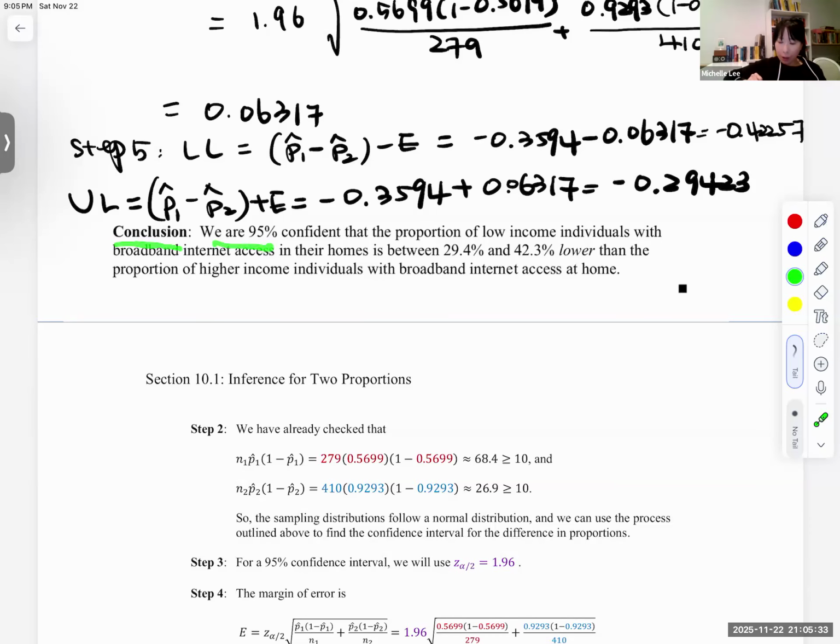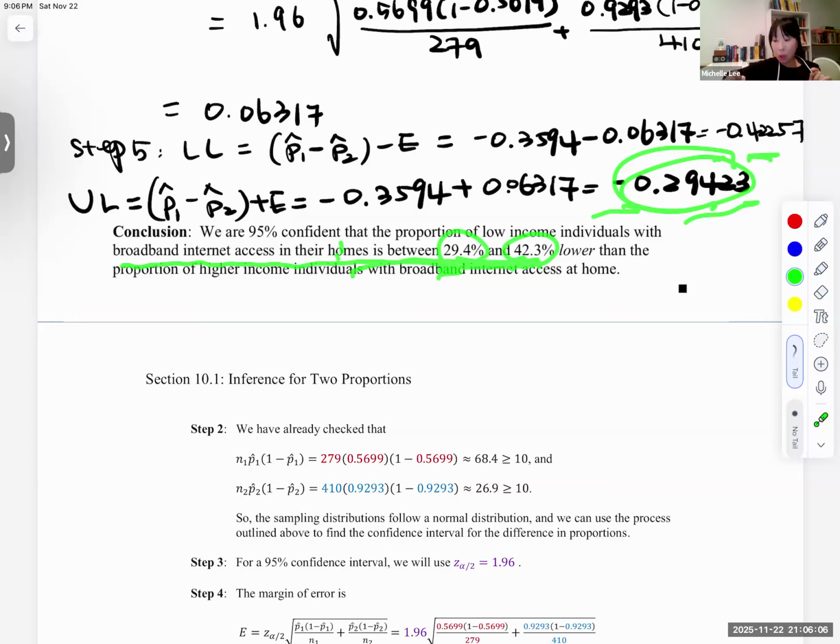We are 95% confident the proportion of low income individuals with broadband internet access in their home is between, reading this one, 0.29423, which is 29.4%, and 42.3%, right? So up to here, it's the same as the interpretation of one proportion, right?